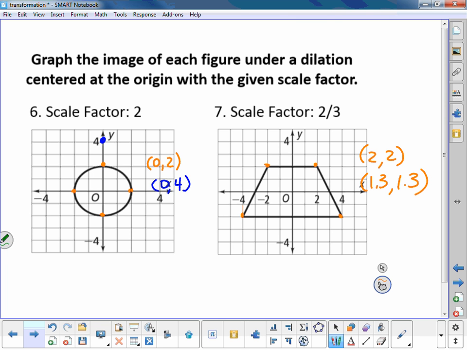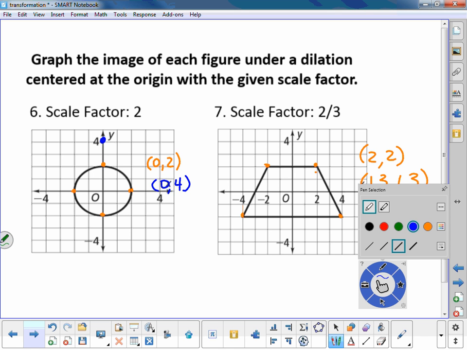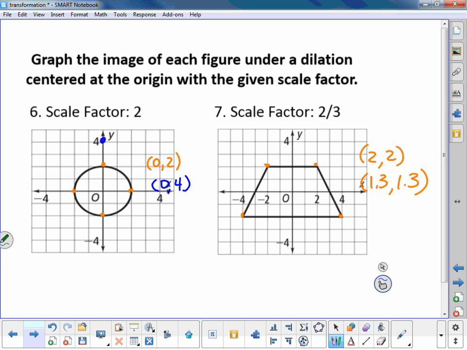So that's going to be more like right here. It's going to be more of right here. 1.3, 1.3. So I'm moving over 1.3, 1.3. It's going to be somewhere right in there. And so it's getting smaller.